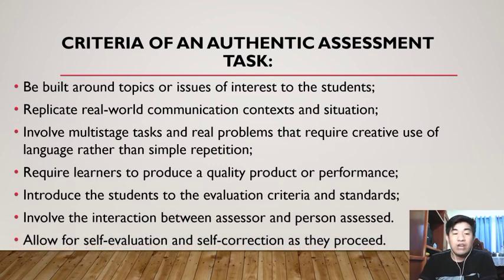Then, allow for self-evaluation and self-correction as they proceed. Authentic assessment will let the students realize, in the middle of the assessment procedure, their own mistakes. So, it's not you, the teacher, who will tell them what's wrong. It should be them who will discover what went wrong and what went right. Okay?